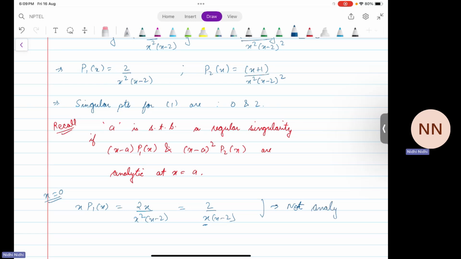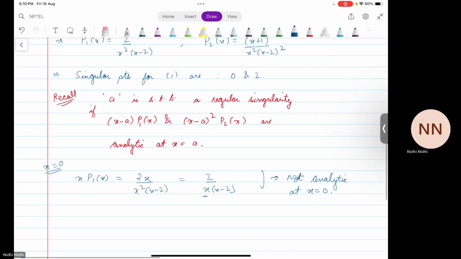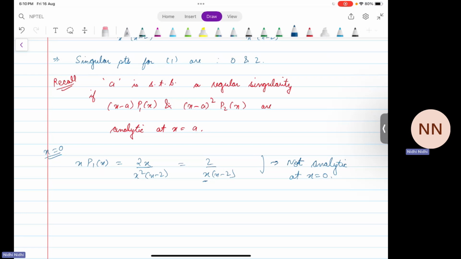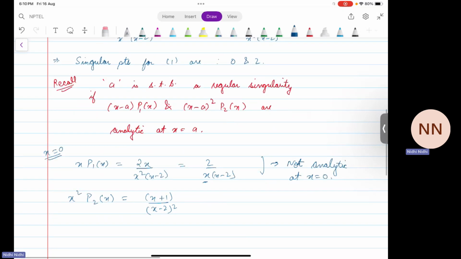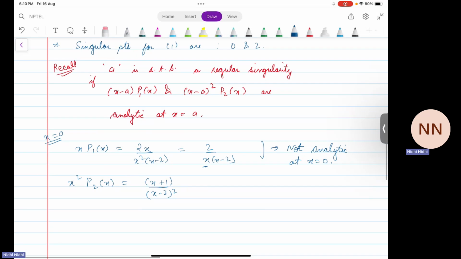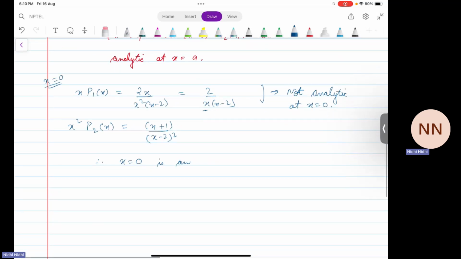Not analytic at x equals to 0. Therefore, let's see what we have. x square p2(x) is (x plus 1) by (x minus 2) square. Even though this is analytic, for regular singularity we need both of them to be analytic at x equals to 0. Therefore, x equals to 0 is an irregular singularity.